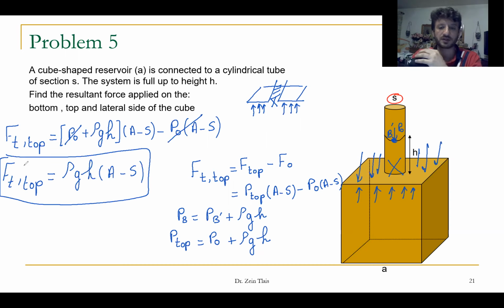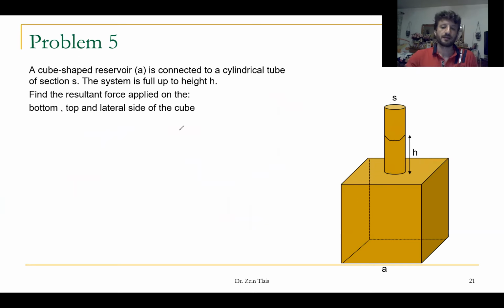This is the total F applied on the top of the cube. Now let's go to the lateral side of the cube. In the case of the lateral side, we can take this one.